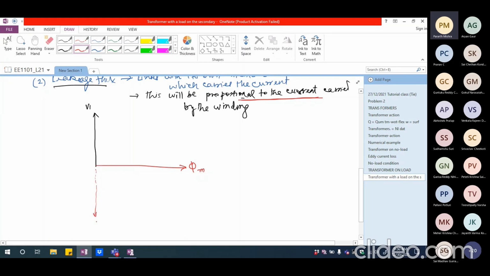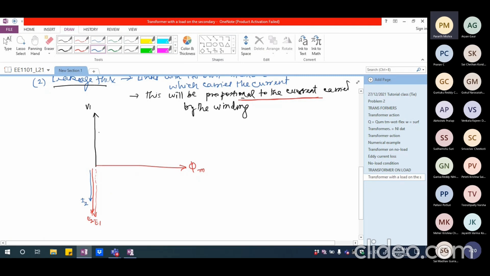So I'm going to have V1 equal to E1, which is also equal to E2 if I assume the number of turns in the primary and secondary are one and the same. Now if I connect a resistance as the load, then the current I see will be in phase with E2. So I'm going to have I2 somewhat like this, which is flowing through the transformer secondary winding.